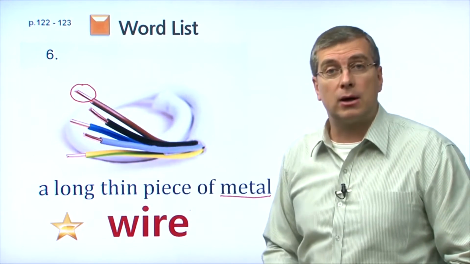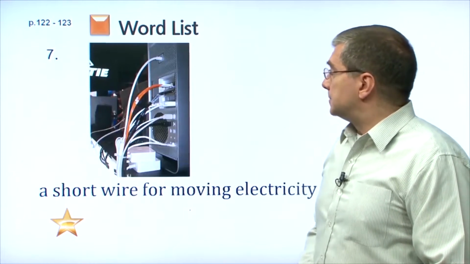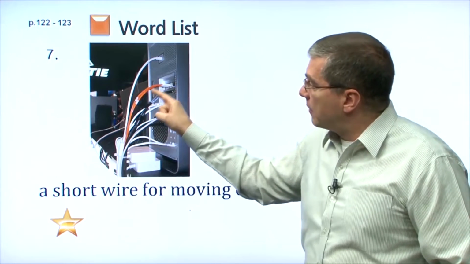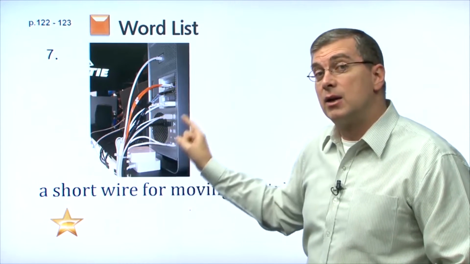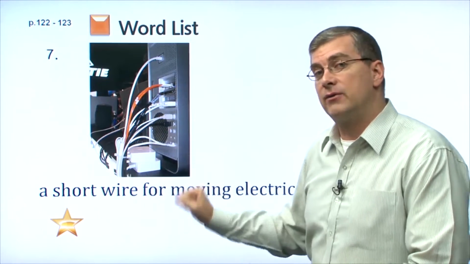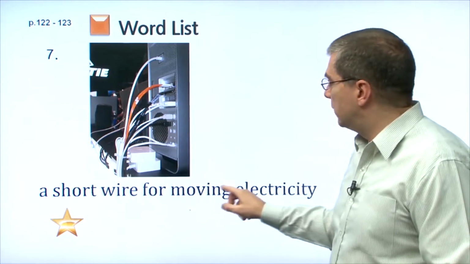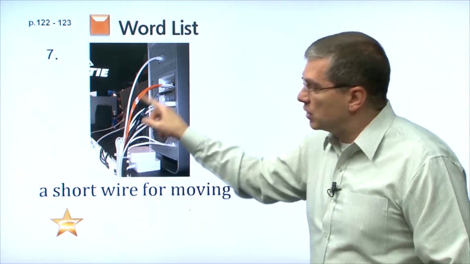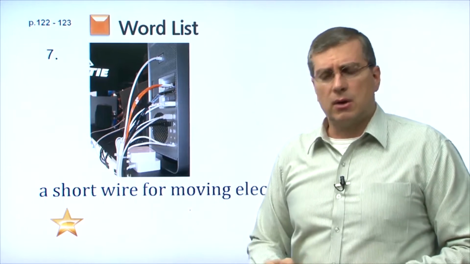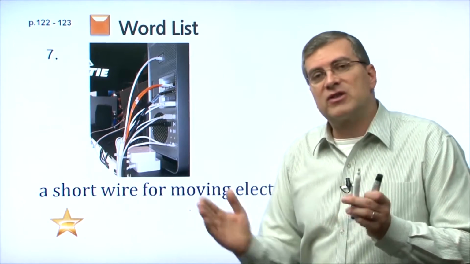So there are wires inside your house. The wires are inside your house, but you also have wires on the outside of your computer. This is a special word for these kinds of wires. This is a short wire for moving electricity. Electricity travels through a wire. But on your computer or on your battery pack for your cell phone, you have small wires.